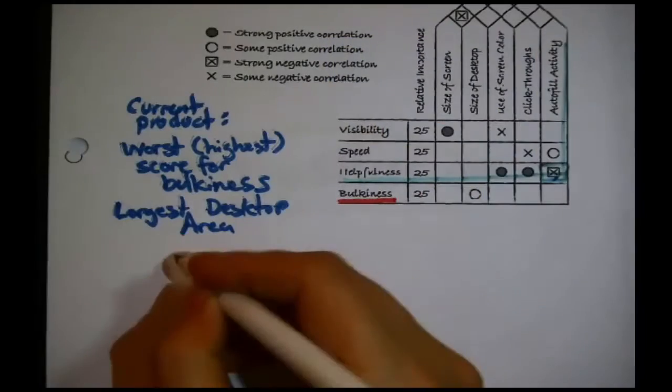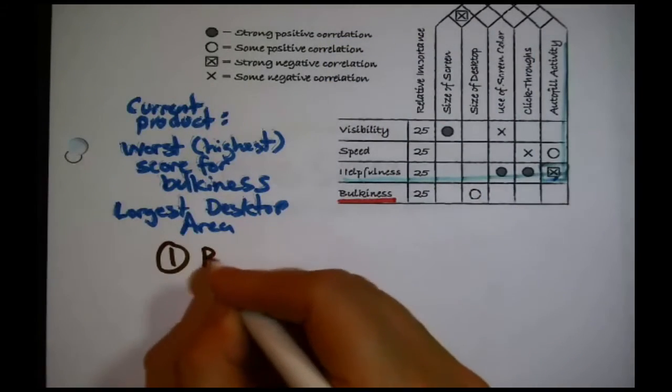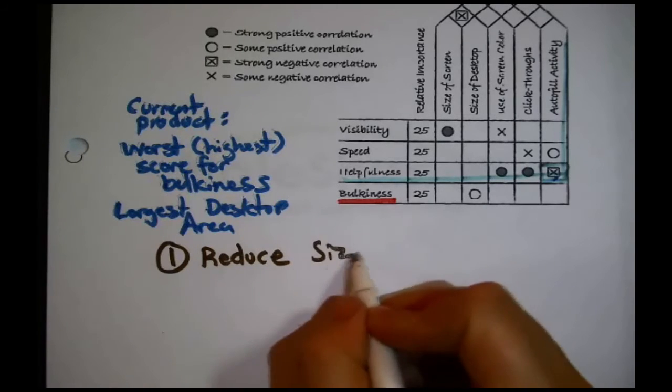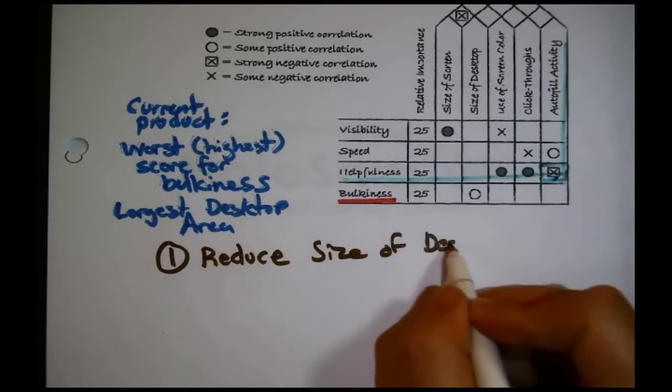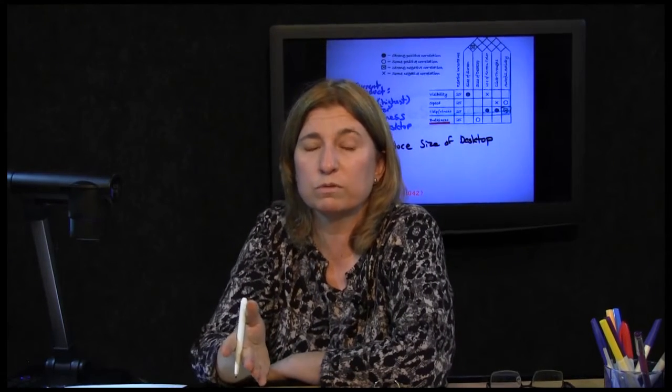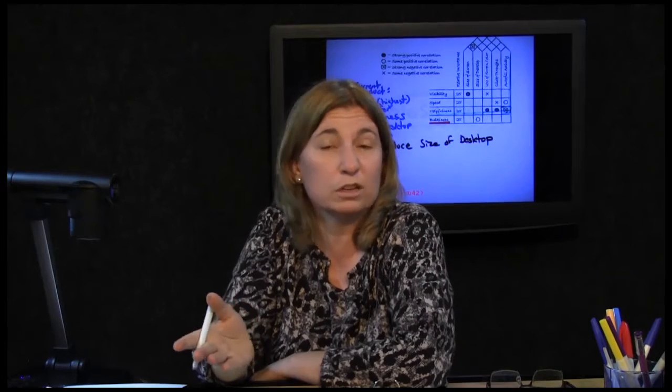You know what the first recommendation, if I was the marketing director, would definitely be: investigate this. Reduce size of desktop. Why? Because we're getting such bad scores for bulkiness, and we're already way bigger than everybody else. If they can have smaller desktop areas, we could at least investigate it. So based on this, that'd be my first recommendation.